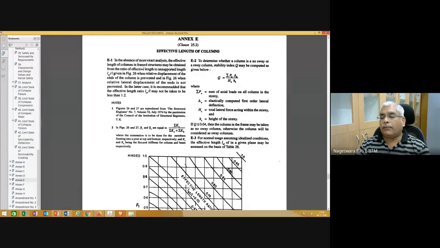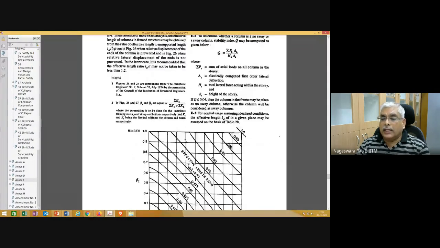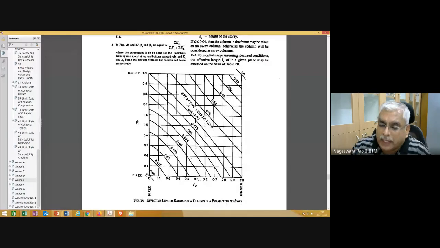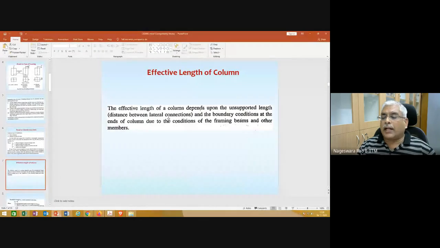LEF is written as the effective length to the unsupported length. Unsupported length is nothing but the distance between the lateral connections.